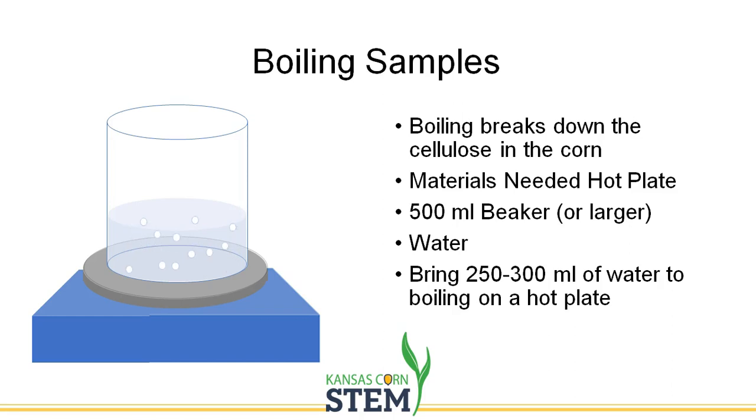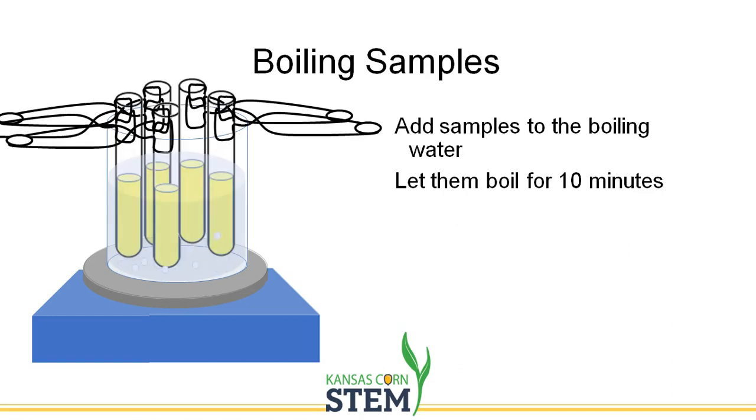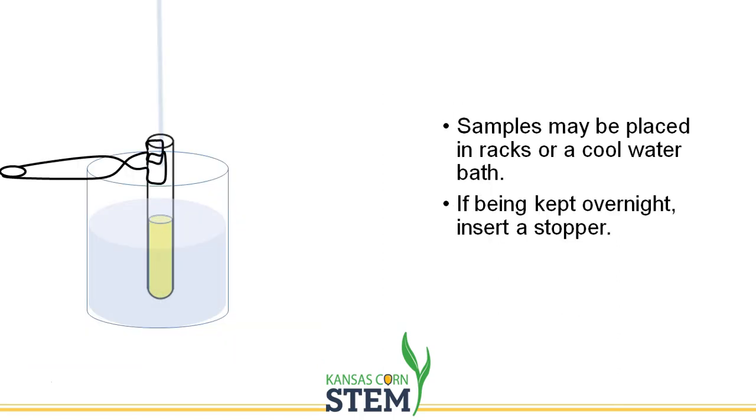Add some water to a 500 milliliter beaker and bring it to a boil on a hot plate. Using test tube holders, add your samples to the boiling water and let them boil for 10 minutes before removing them. It is important to make sure your samples have cooled before adding enzymes, as heat will denature them and prevent them from working. Samples can be stored for the next day if you put a stopper in them.